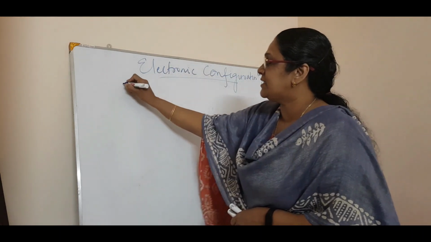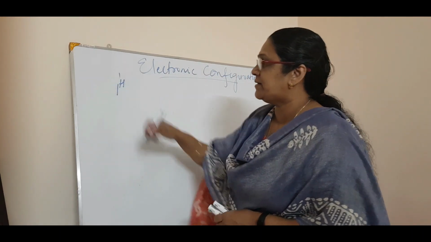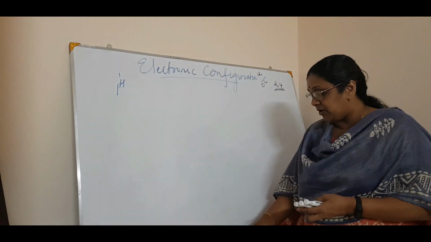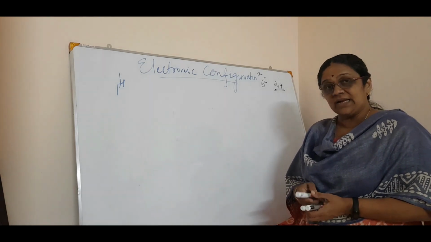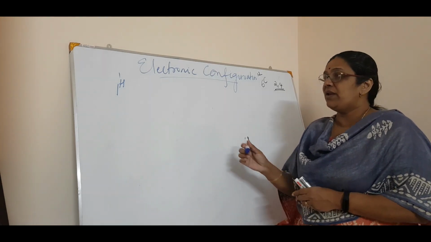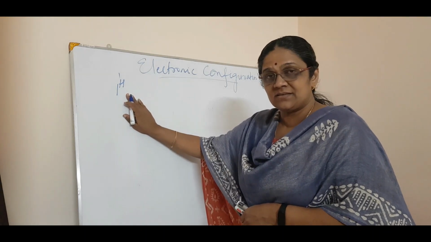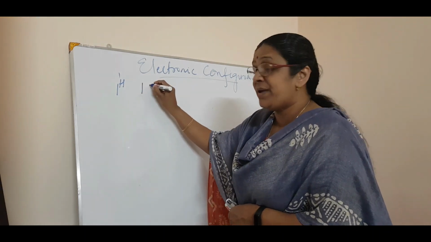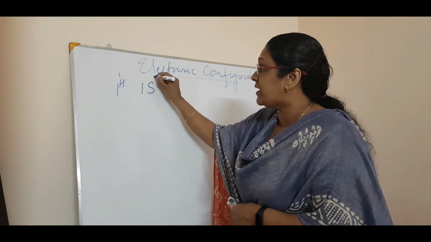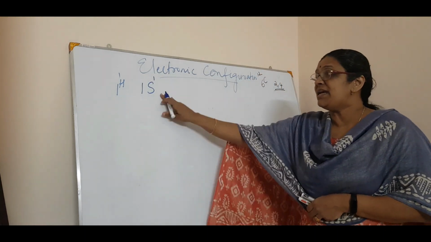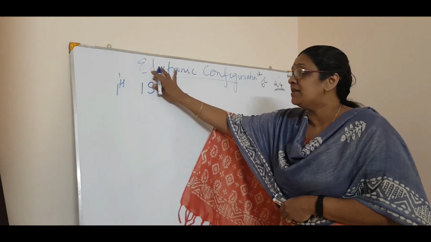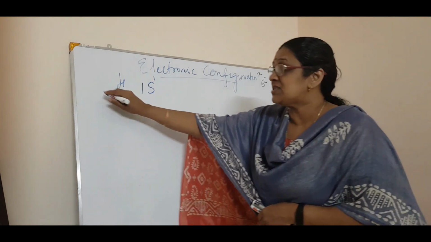Hydrogen is 1 electron, isn't it? 1H1. Now, how will you write the electronic configuration? 1 electron is there. So, we will have s orbital, and that too in 1s. So in the SPD notation, we will have 1s1. What does this mean? In smaller classes, you write only 1.